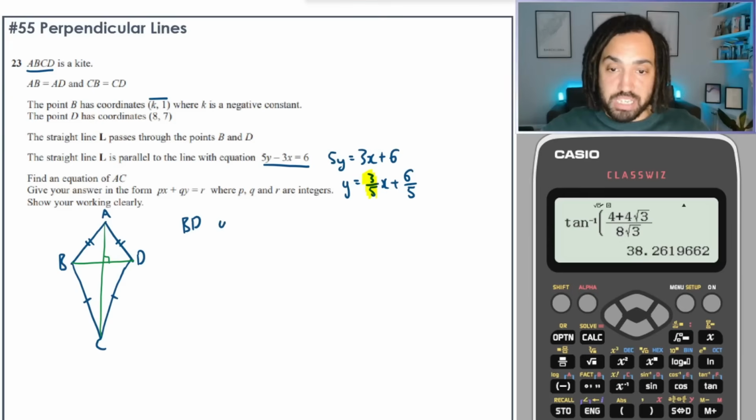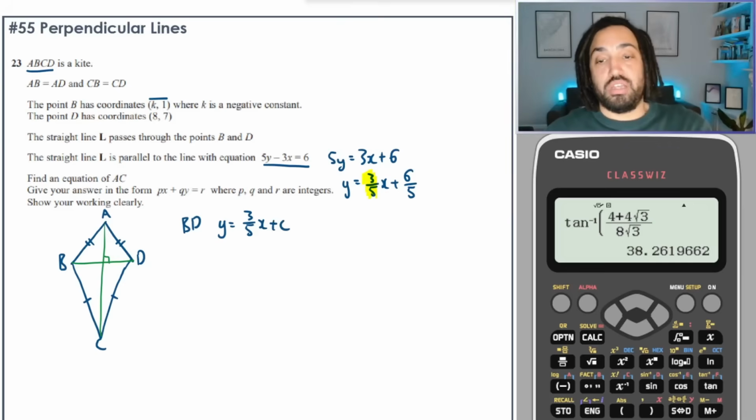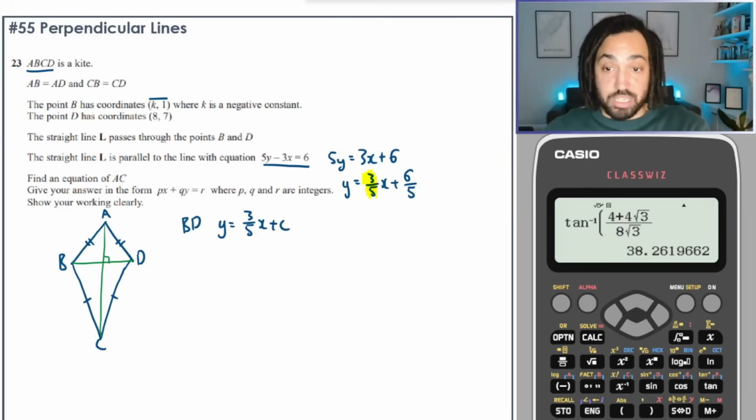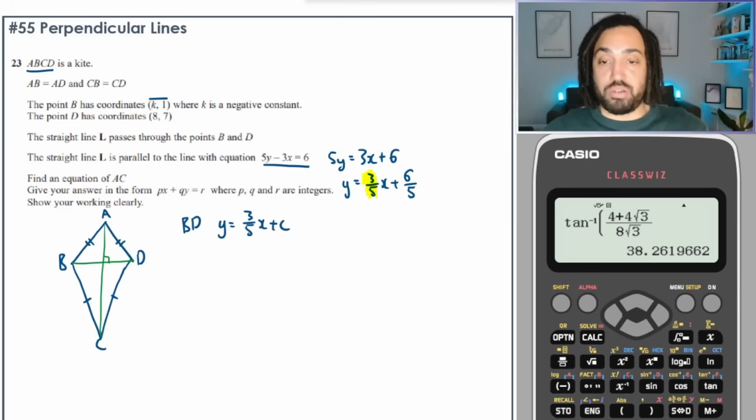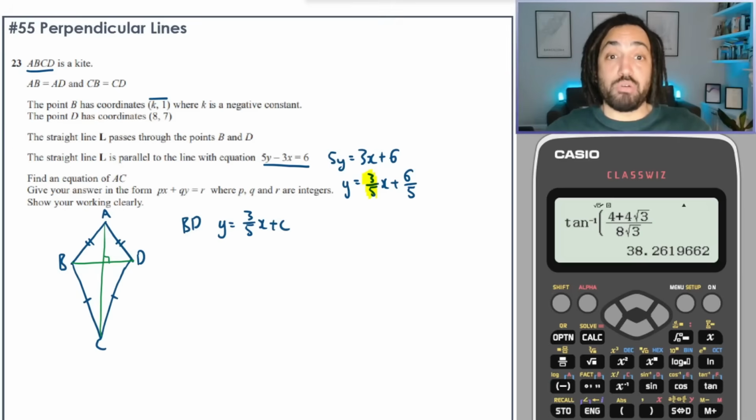Okay, so BD is y equals 3 over 5 x plus c. So we know it has the same gradient, but we don't know the y-intercept. But we do know a point on the line, (8, 7). So we could sub that in to find the y-intercept. If y is 7, then x is 8.